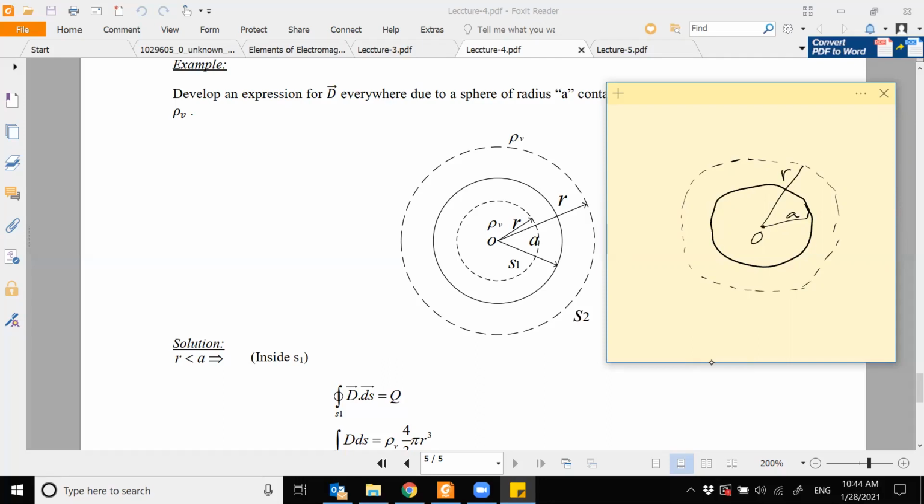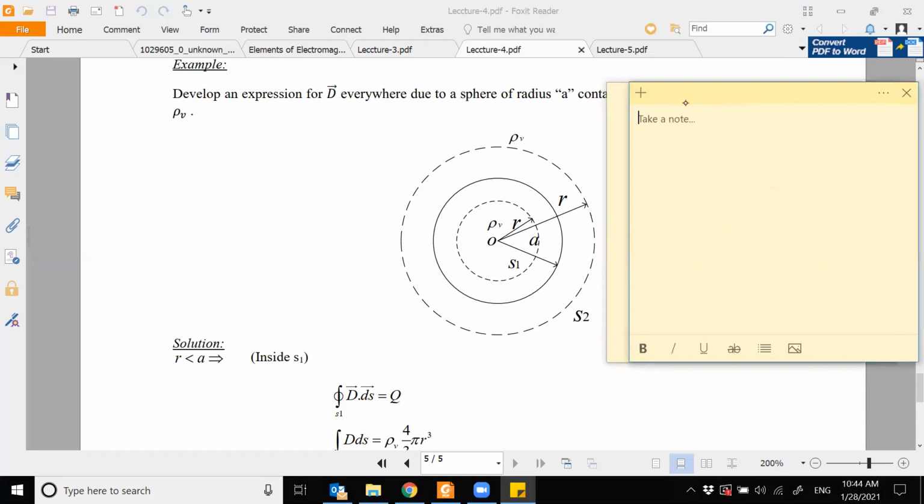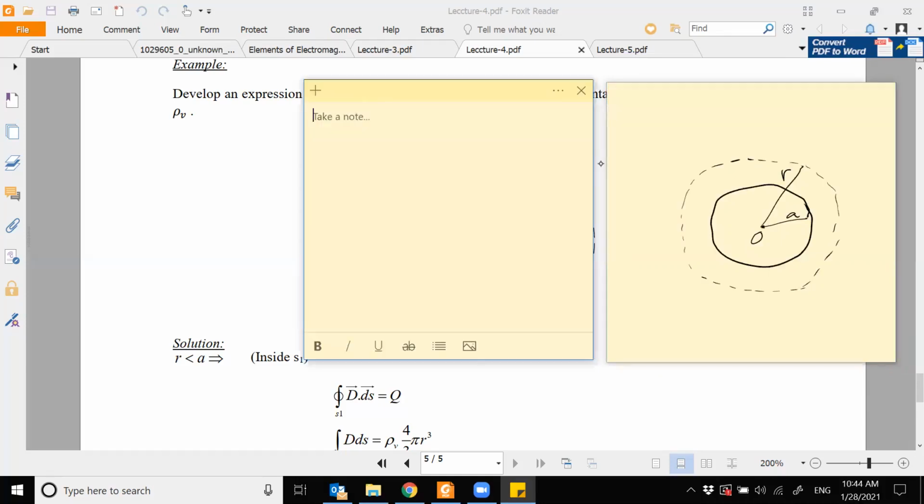Okay. Now, in this case, what will be our answer? Again, this is a sphere, and it has a charge density of rho v. It's a positive charge, although it's not a point charge, it's a sphere. How would its electric field look?